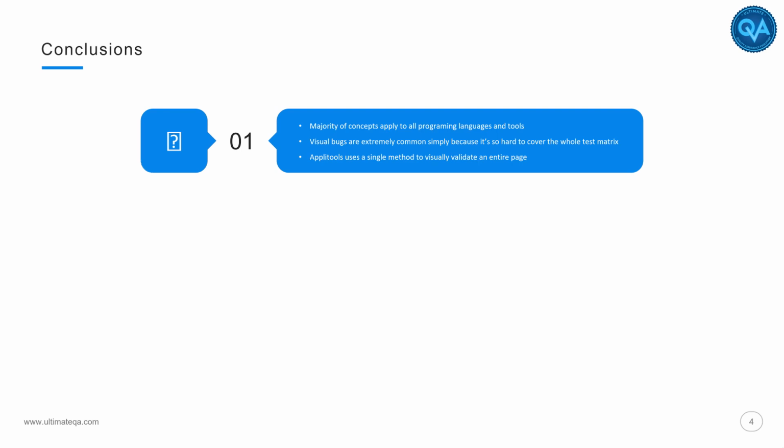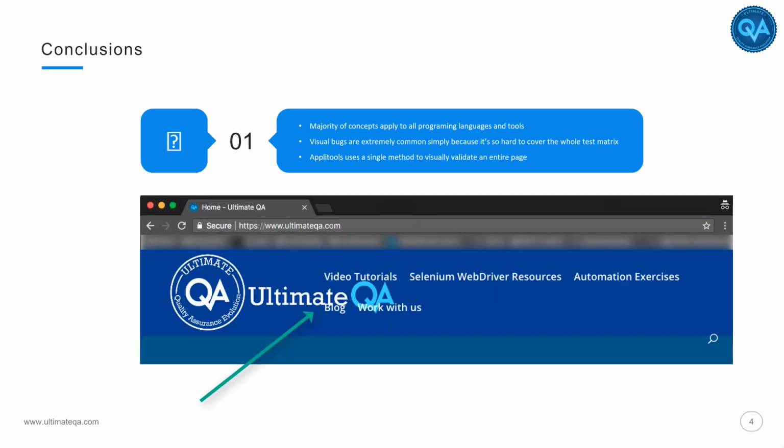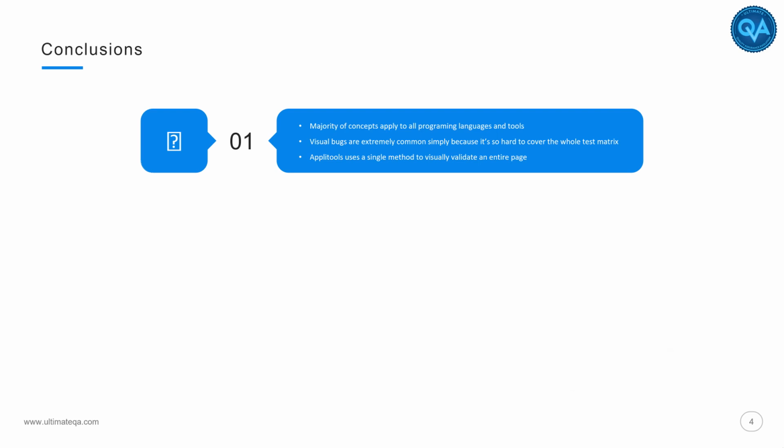Even you saw that with my Ultimate QA website, where the same exact browser but in a different resolution caused different kinds of bugs. And so because of that, visual bugs are so common and they happen, and visual validation is a must. And then Applitools makes visual validation extremely easy for us because they allow us to use a single method to visually validate an entire page.